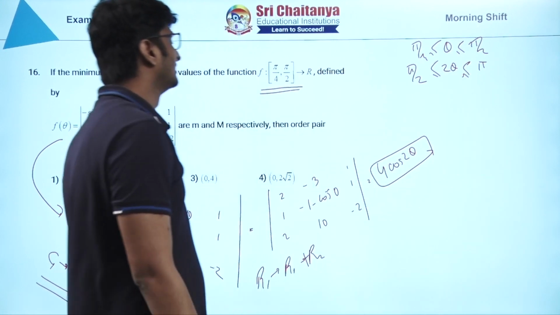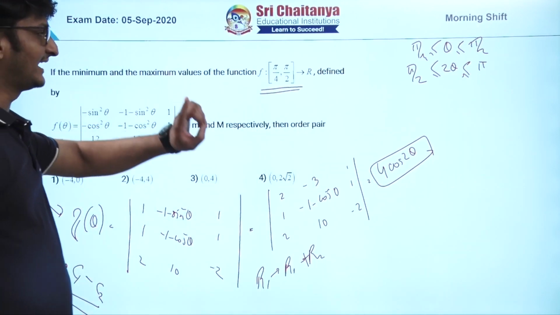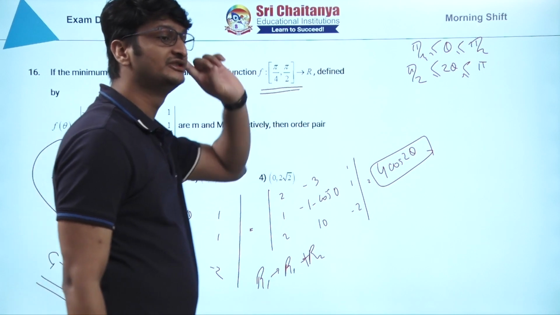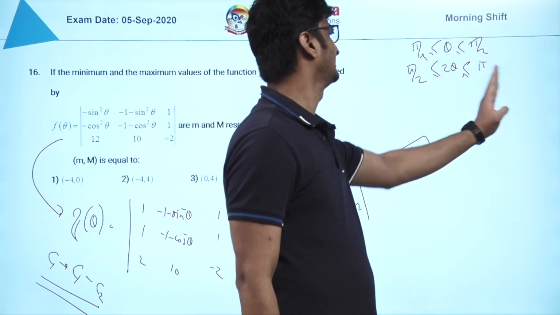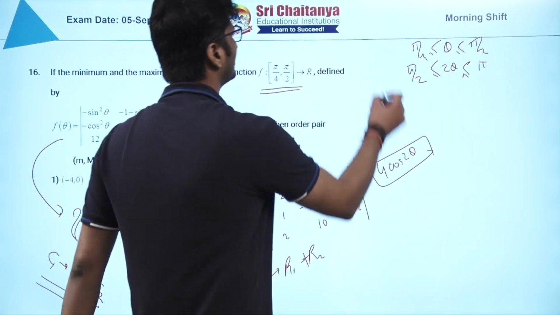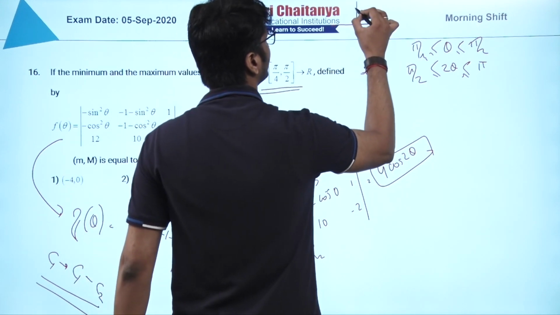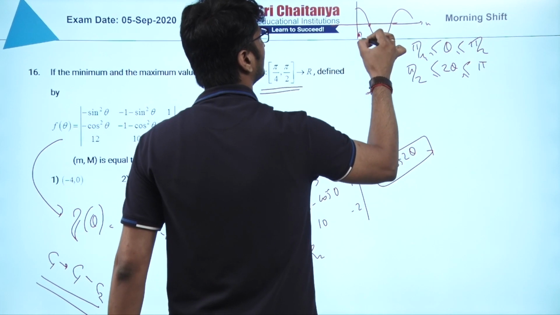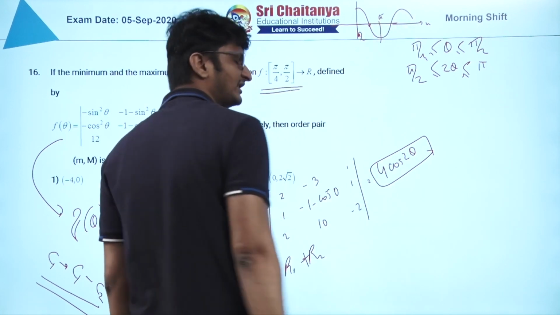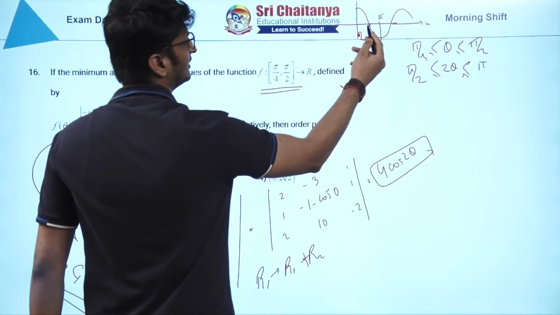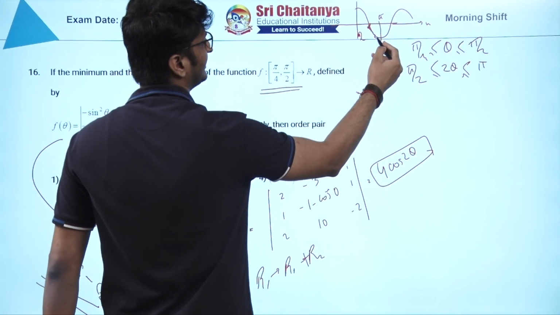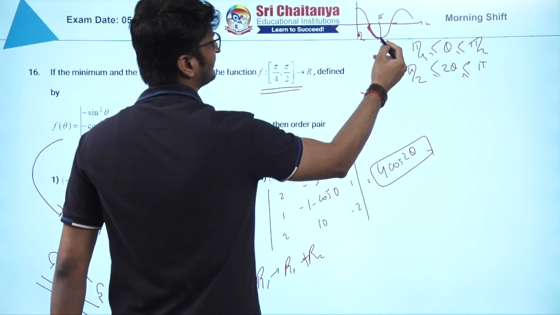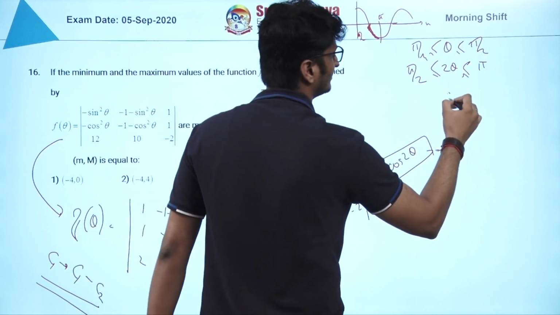Cos x is a function which is decreasing in this domain, pi by 2 to pi. You can check it out in the graph. Suppose I am drawing the graph of cos x, this is the line of cos x, so it is pi by 2, it is pi, it is a decreasing function. So if you apply a decreasing function in an inequality, the sign of the inequality must be changed.